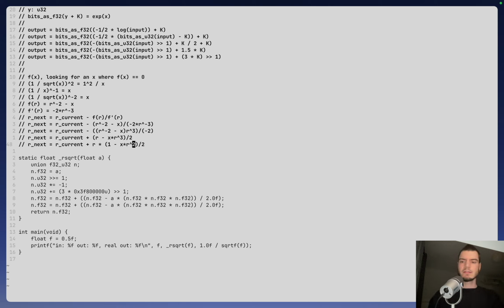And that gives us minus 0.5 minus 0.5 times x times R squared.